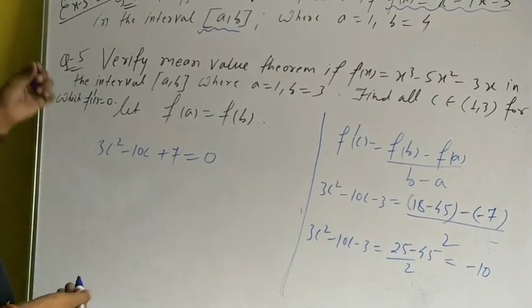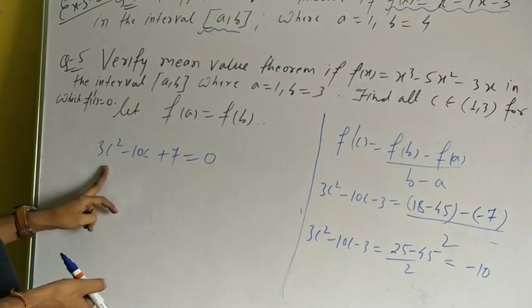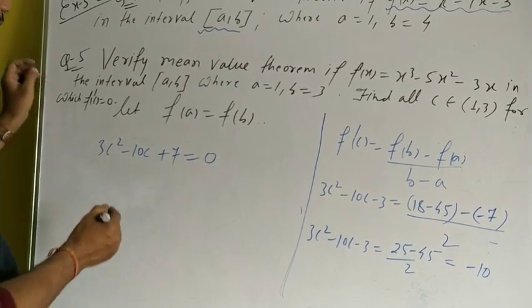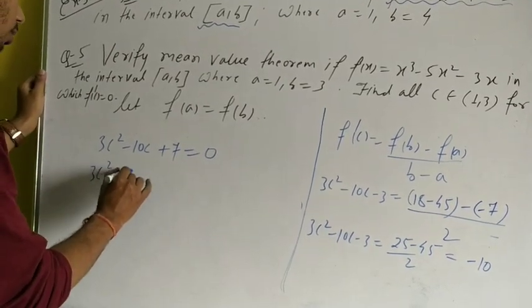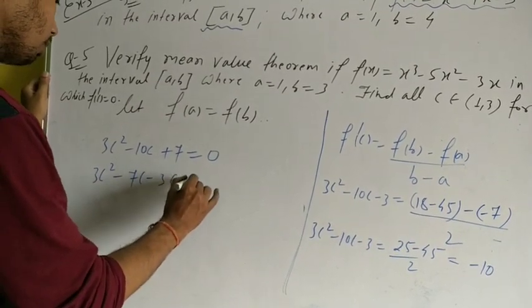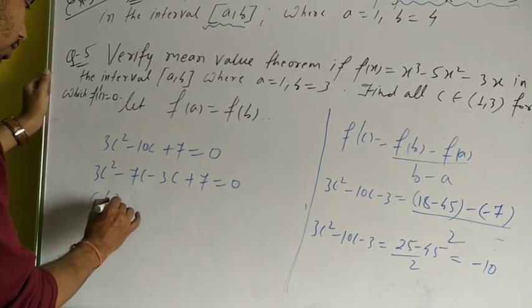Now see whether we will be able to factorize this or not. This minus 7 and minus 3: 3c square minus 7c minus 3c plus 7 is equals to 0. If we take c common from here, we'll get 3c minus 7.